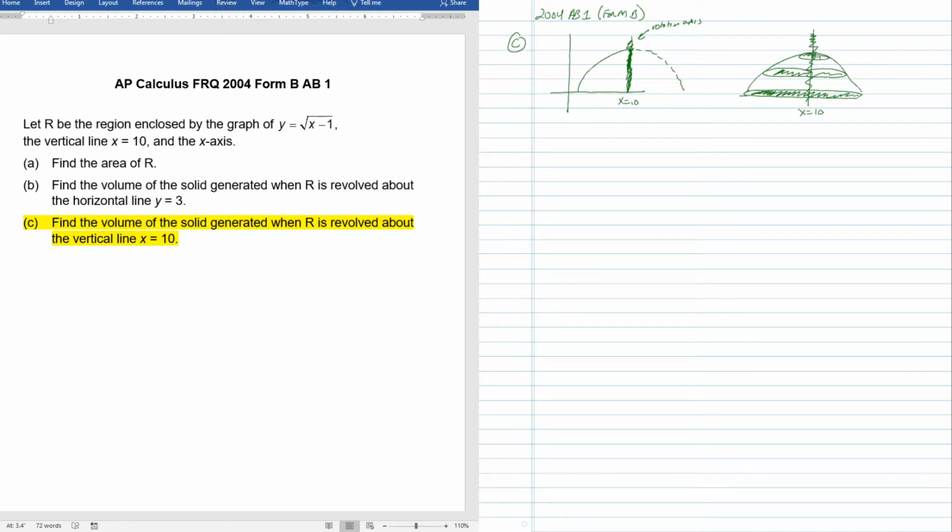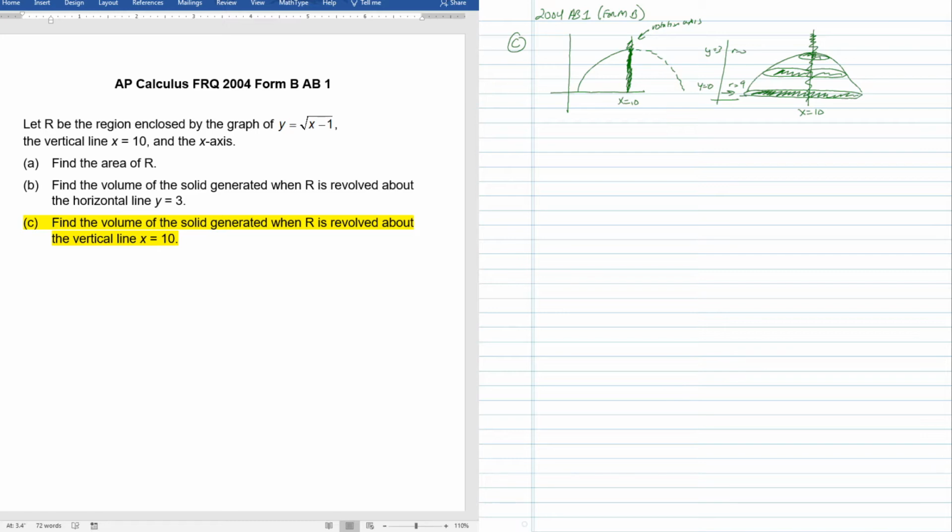Each disk's radius is going to have to be based off a position on y, because the radius is going to be larger on the bottom. The radius is going to be 9 when y equals 0, and up here the radius is equal to 0 when y equals 3.